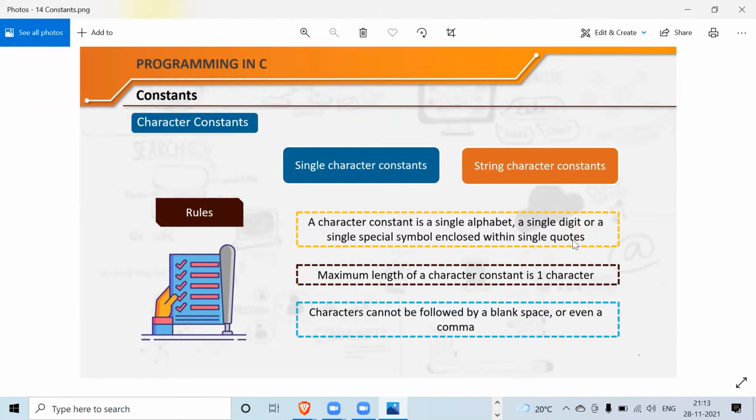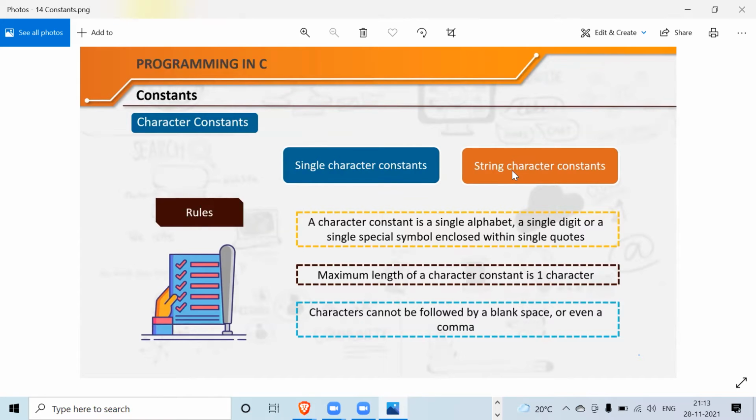Any kind of character, whether it is an alphabet, a digit, or a special symbol, but only one of them, enclosed within single quotes. In that case, it will fall under single character constants. And the maximum length of a character constant is one character, because the name itself tells us that single character means only one character we can accommodate there.